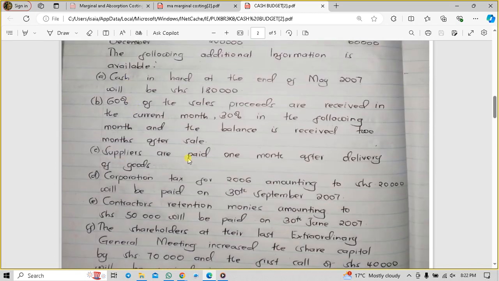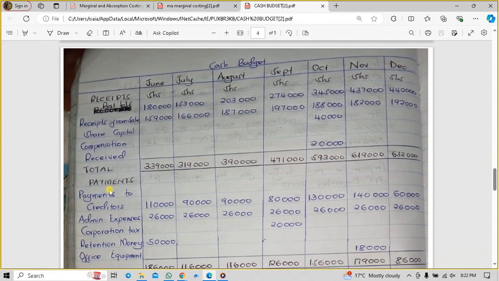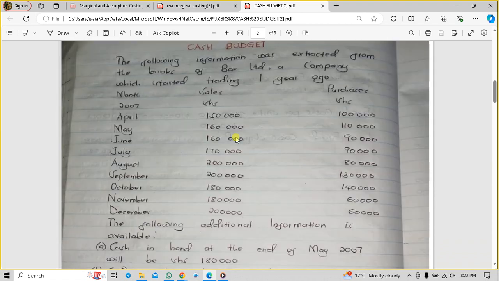So suppliers are paid 1 month after delivery. This one is a bit easier because all the payments we are recording here. So here we are paying creditors, or payments to suppliers. So 1 month after delivery means that if we purchased goods in April, we are going to pay in May. So May we will pay 100,000.